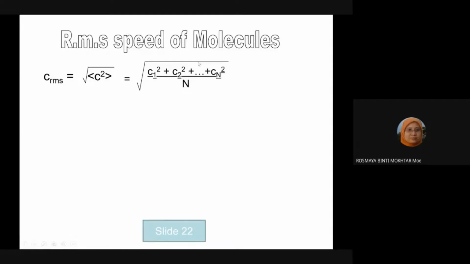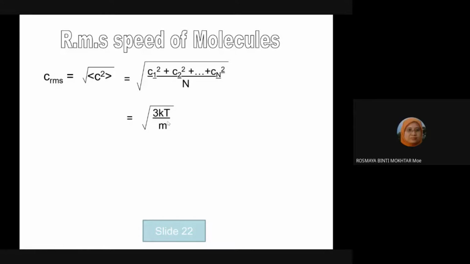Don't forget the square root. Then this can be derived into square root of 3kT per m. So this is the RMS speed for the molecules.